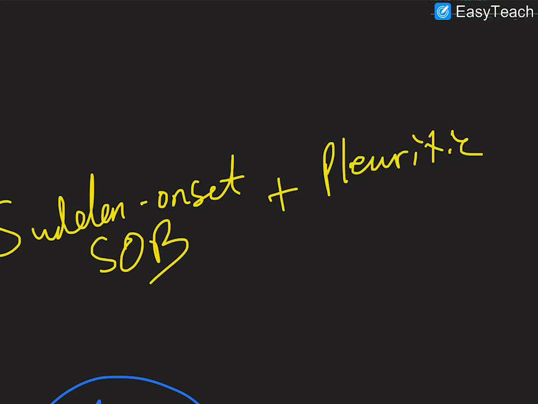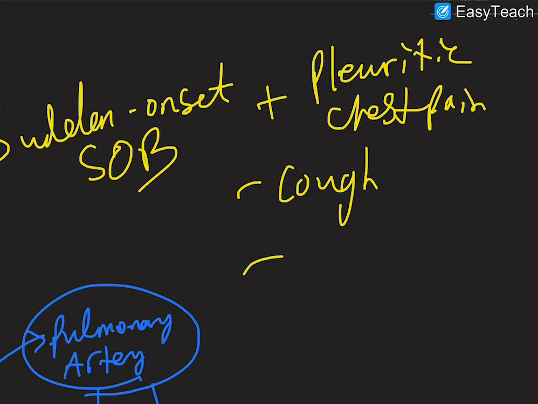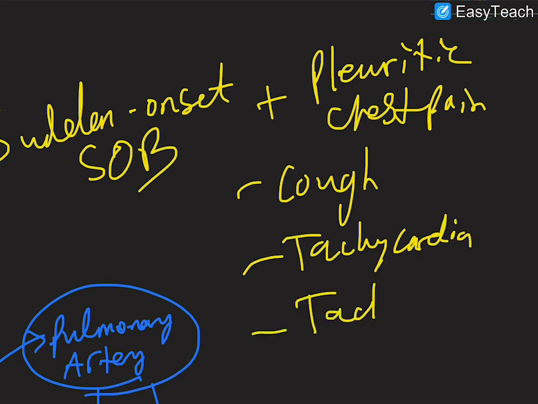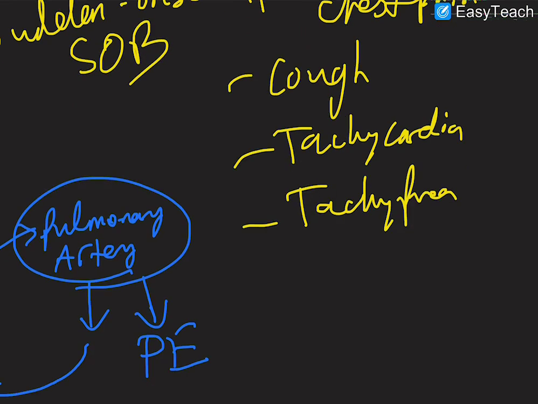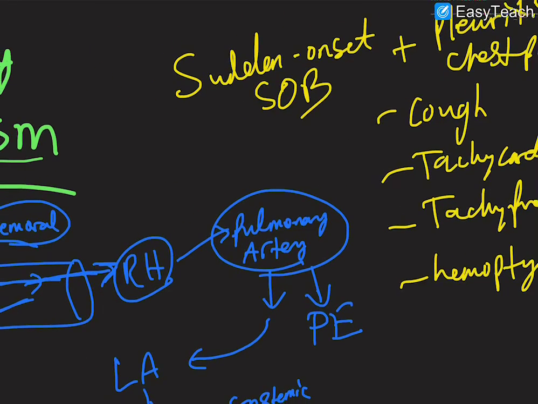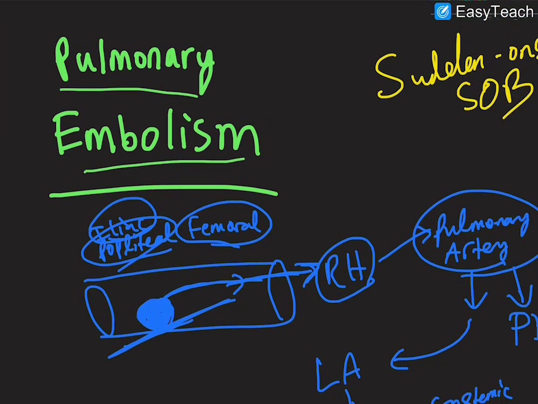So sudden onset chest pain, shortness of breath, cough, even tachycardia, tachypnea, hemoptysis, so coughing up blood. Symptoms like these can clue you into thinking about a pulmonary embolism. So that's a quick intro to pulmonary embolism.